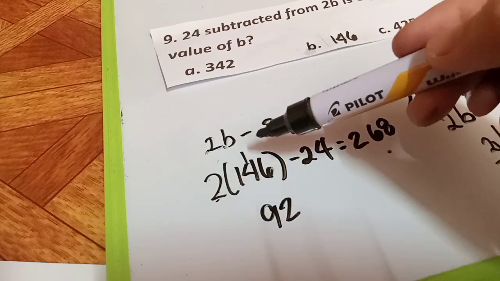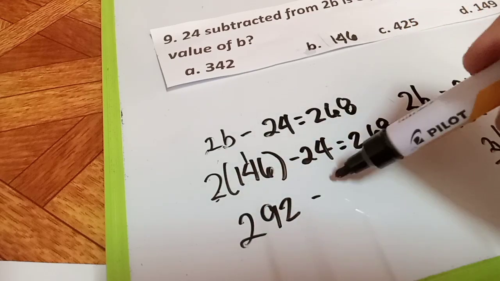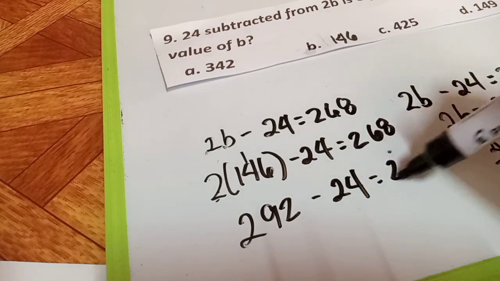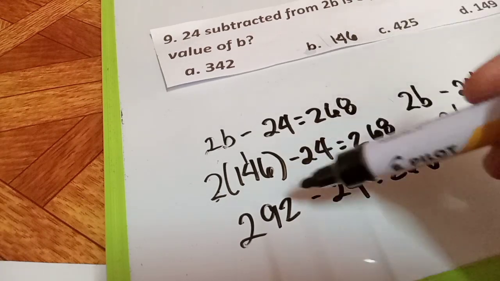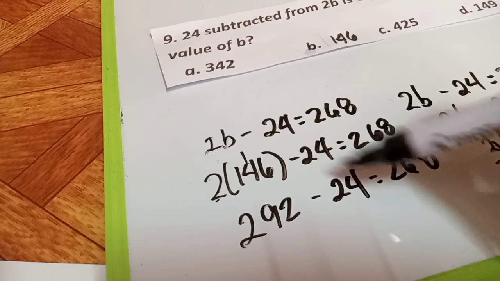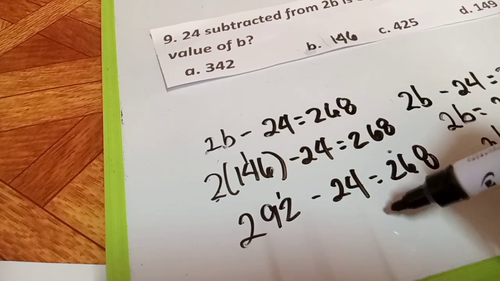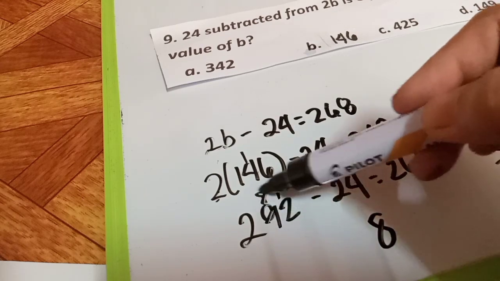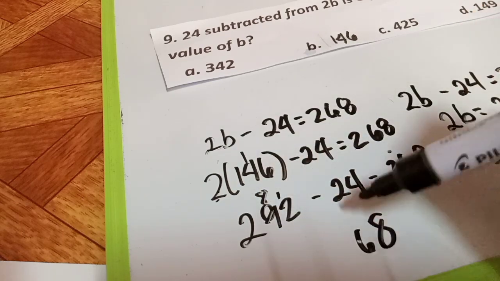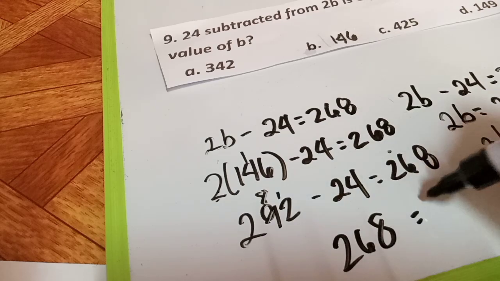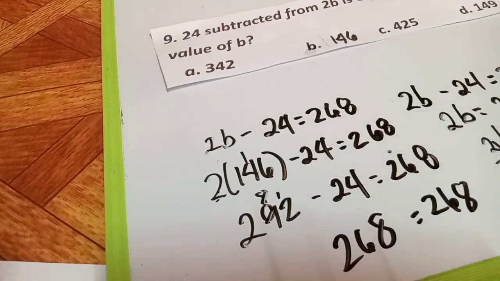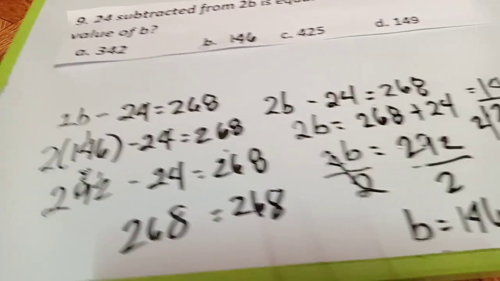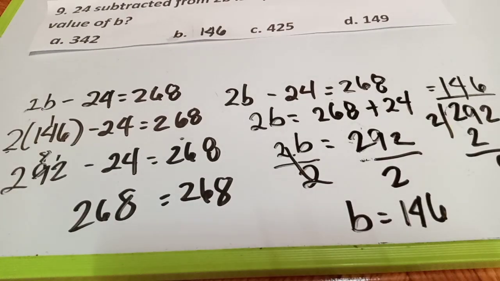And 1 times 2 will become 2. Minus 24 is equals to 268. So this will become 12 minus 4 will become 8. And then 9 minus 2 will become 7. So bring down 2. So they are both correct answers. So our answer is 146.